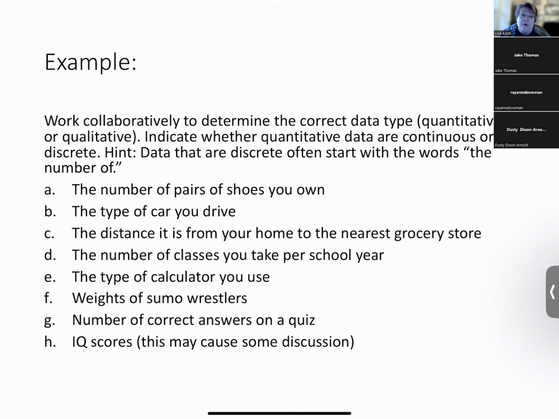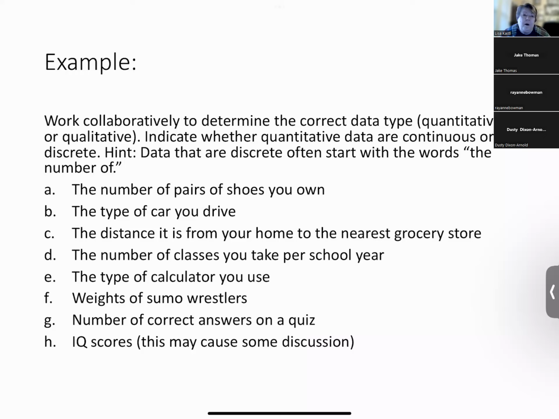The weights of sumo wrestlers, you're going to put them on a scale and measure their weight, that's going to be continuous quantitative data. The number of correct answers on a quiz, that would be discrete because you're counting the number that you got correct. And then IQ scores.